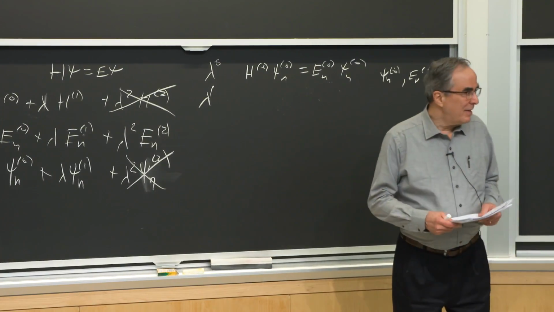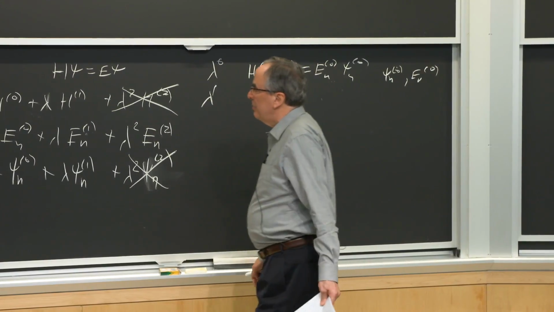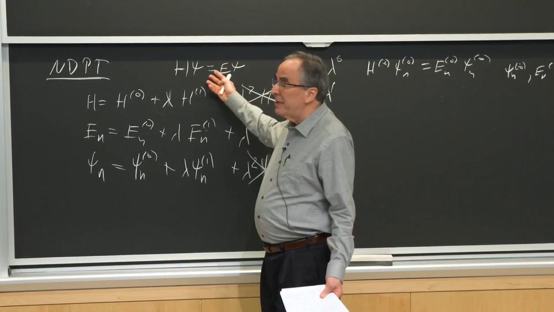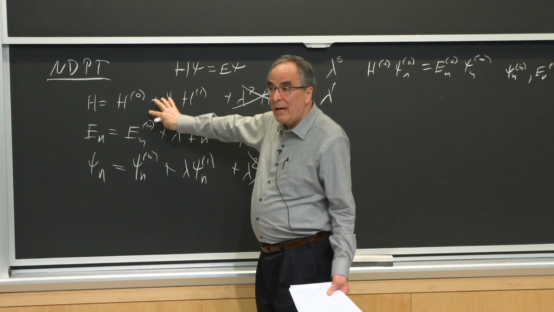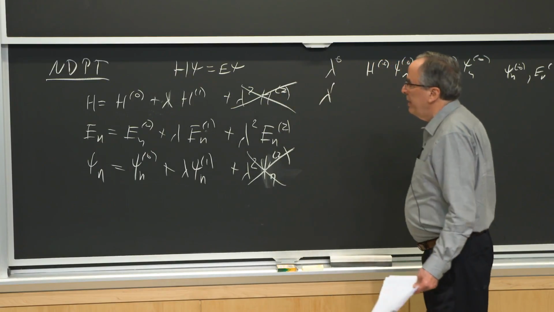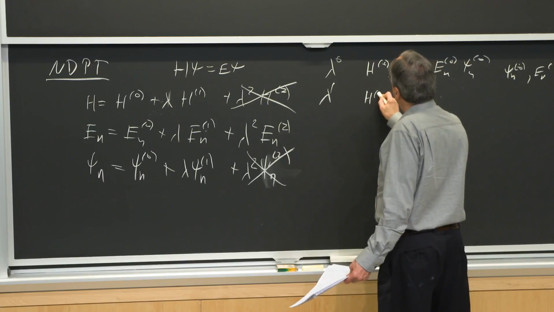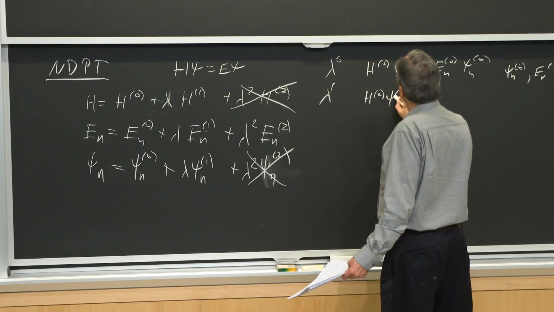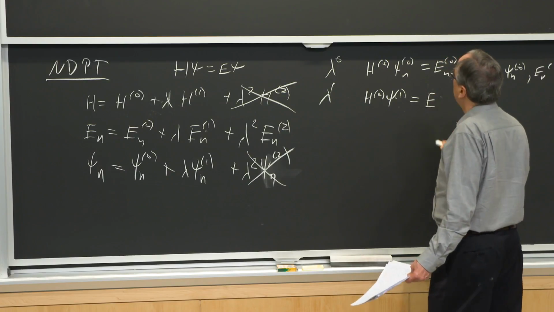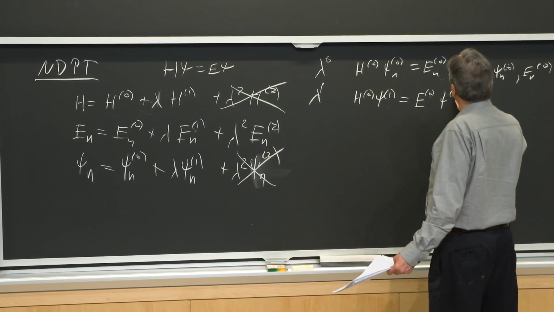Okay, so the lambda to the 1 equation, well, we collect terms on the left-hand side that have 1 lambda, and on the right-hand side. And so the lambda to the 1 equation is going to be, say, H0 psi 1 is equal to E0 psi 1.